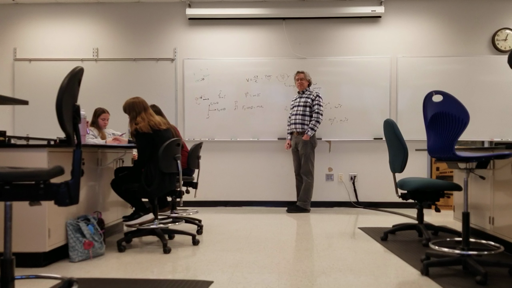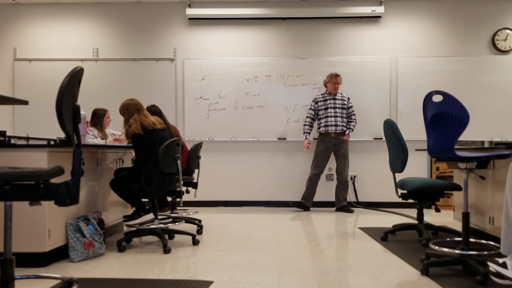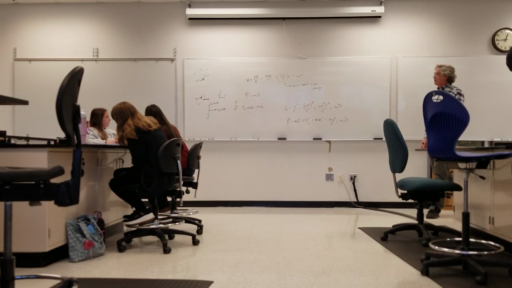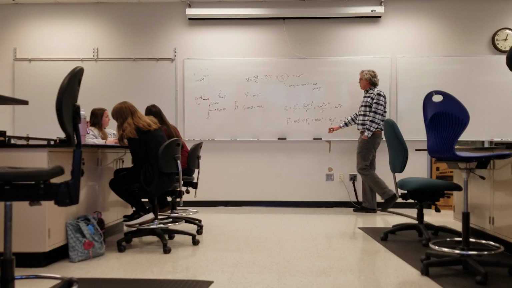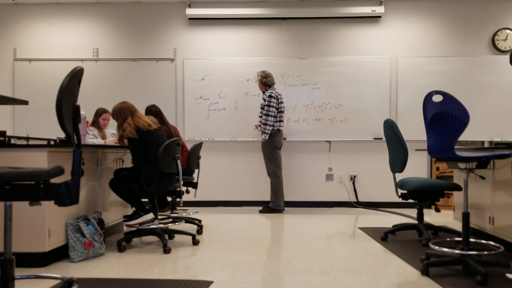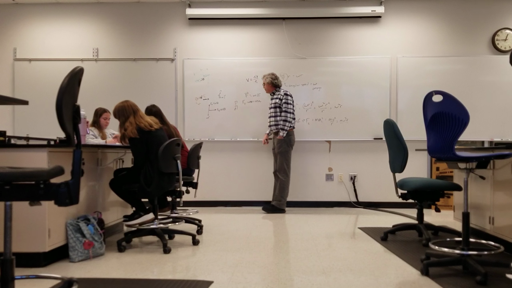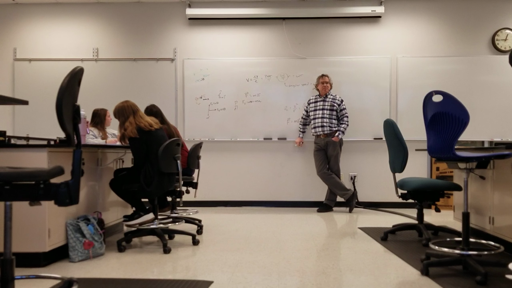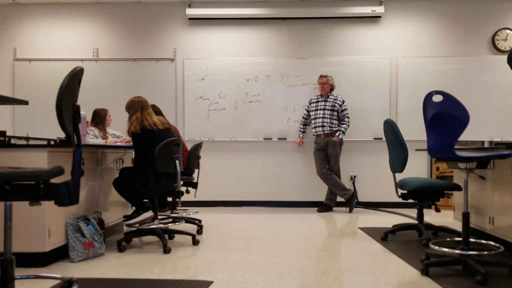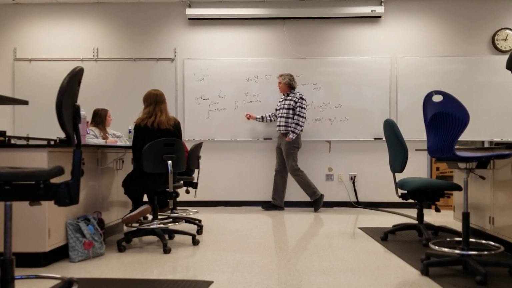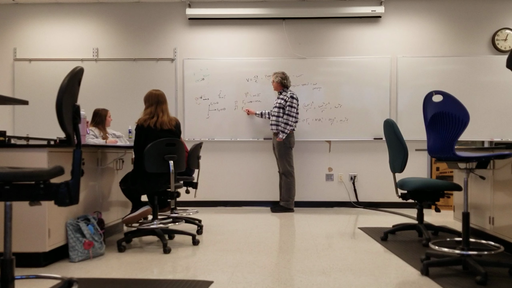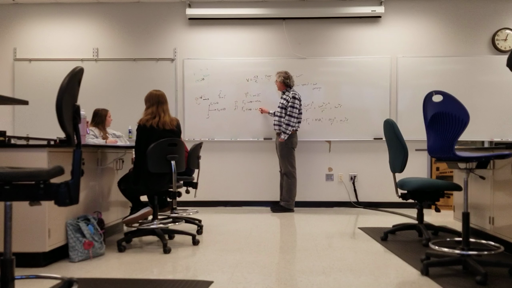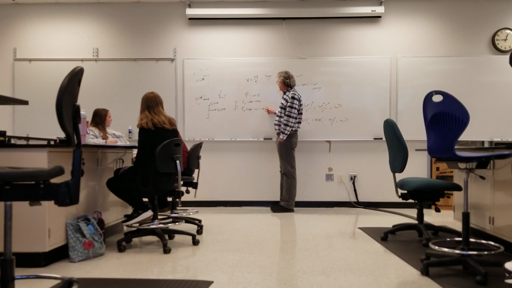And it's centripetal acceleration, so I threw the extra c in there. That was the i hat. All right, what's the j hat equation? F_T sine theta minus weight is mass times 0.